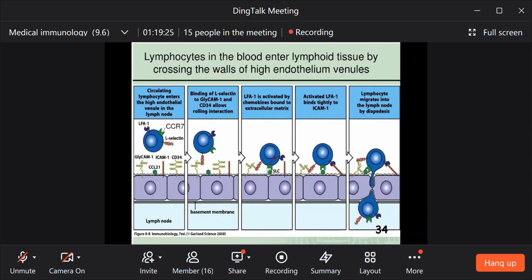Here shows the lymphocytes in the blood entering the lymphoid tissues across the walls of high endothelial venules.